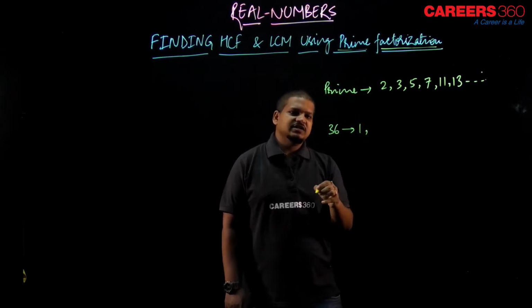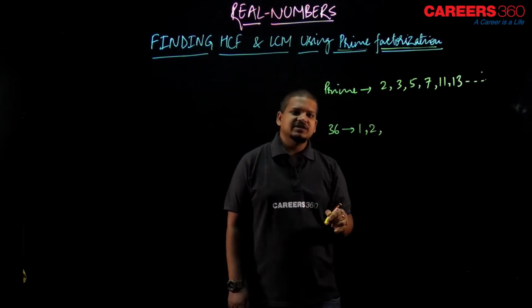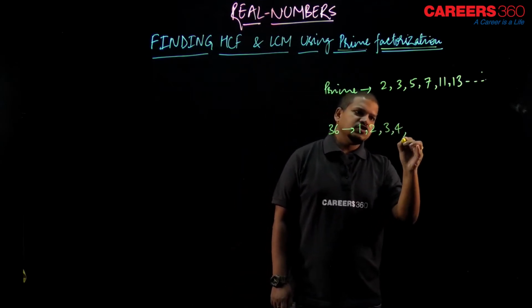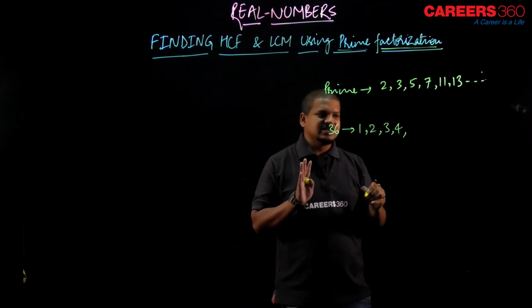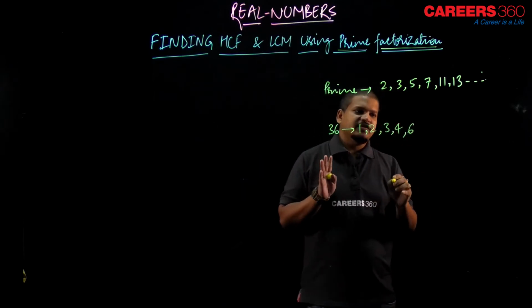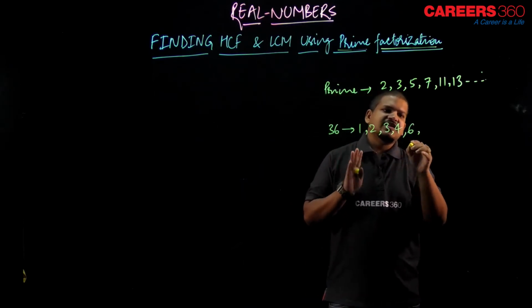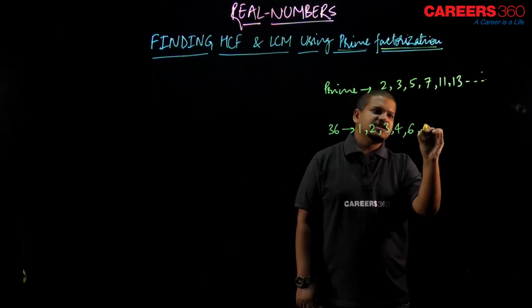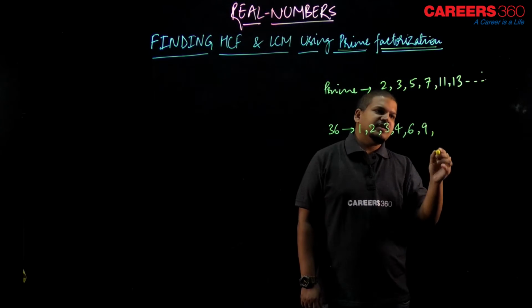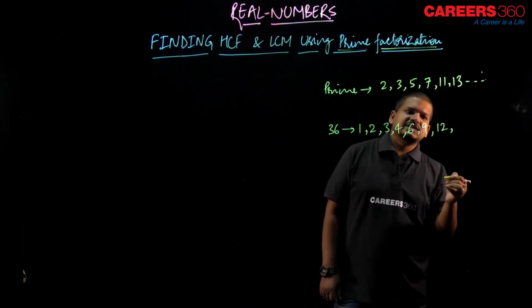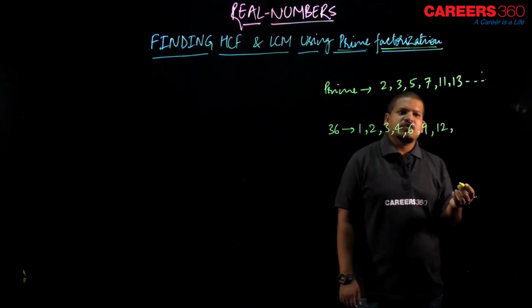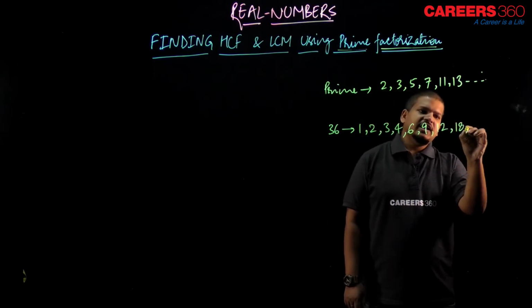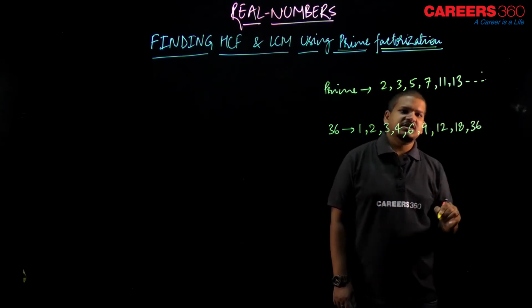1 will be dividing 36, then 2 will be dividing 36, then 3 will be dividing 36, 4 will also be dividing, 5 will not divide 36, 6 will be dividing 36, then 7, 8, 9, 9 4s are 36, 10, 11, 12, 3s are 36, then 13, 14, 15, 16, 17, 18 and 18 2s are 36 and 36 1s are 36.